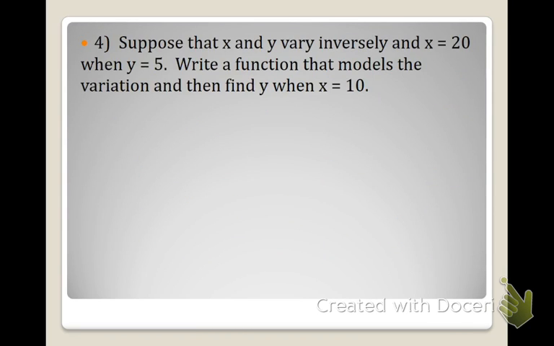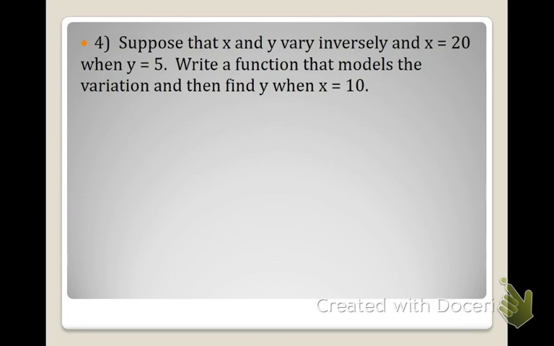All right, number 4 is a very typical type of problem that we saw when we were dealing with direct variation that seemed to just throw some people overboard a little bit here. So these ones have like 3 different parts to them.